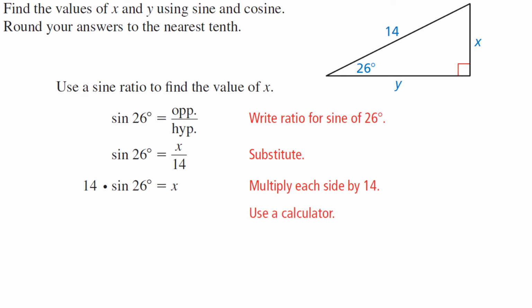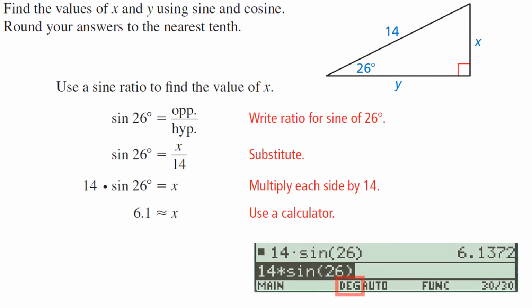Grab a calculator. Come up with about 6.1. Right, with a calculator, I did 14 times the sine of 26, making sure I set for degrees. Rounded to the nearest tenth, 6.1. Okay, that's x. Let's get some room and do y.